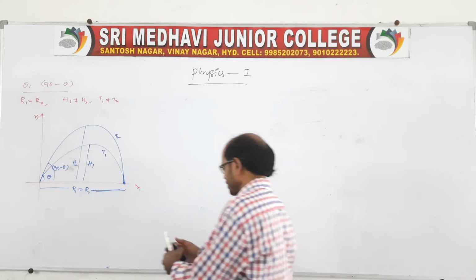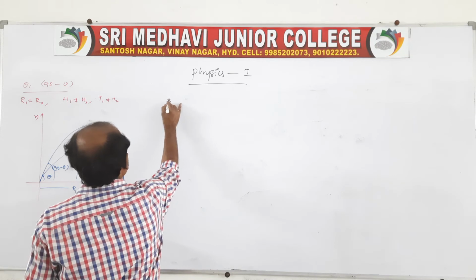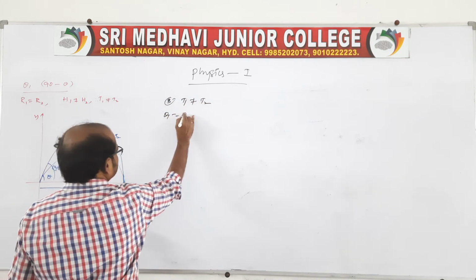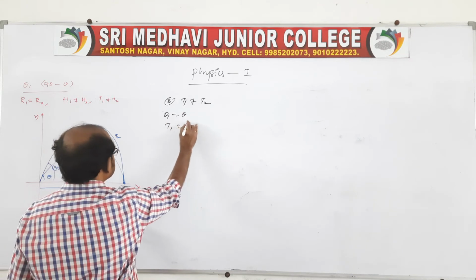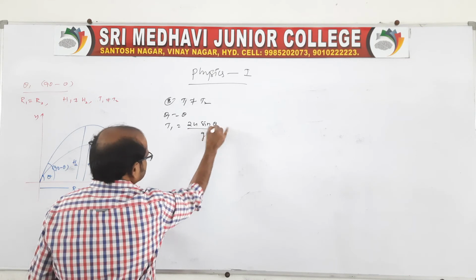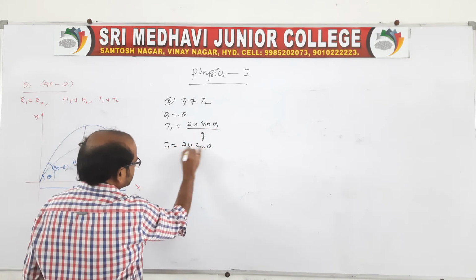Here you go with time of flights. Third one, these are also not equal. So theta 1 is equal to theta. Therefore T1 is equal to 2u sin theta by g.